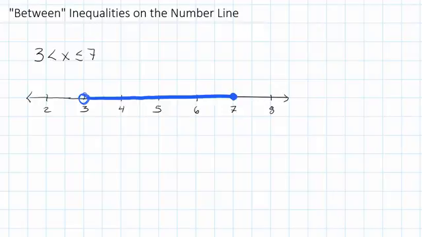The only difference between this process and what we saw before is that instead of one end, we have 2. Instead of having an arrow going off in one direction, we just fill in between the endpoints.